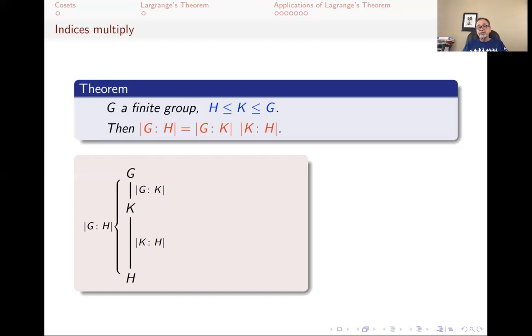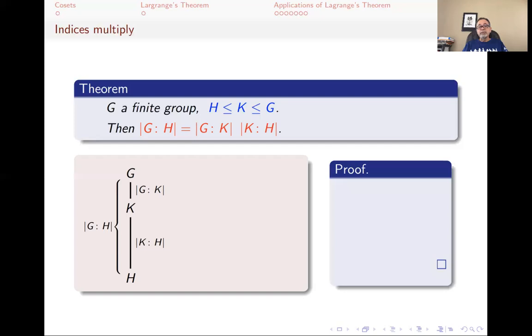The proof of this actually is pretty straightforward as long as G is a finite group. Because if G is a finite group, then by Lagrange's theorem, the index of H in G is the size of G divided by the size of H. And again, by Lagrange's theorem, the index of K in G is the size of G divided by the size of K. And the index of H in K is the size of K divided by the size of H. All of those are Lagrange's theorem, because Lagrange's theorem says that if you partition your finite group by the cosets, each of them has size of H, and there is the index number of those.